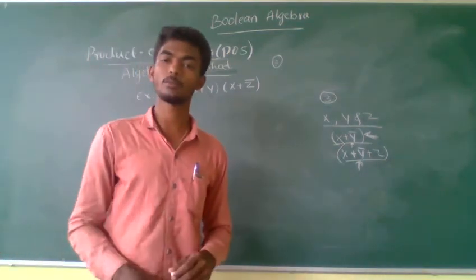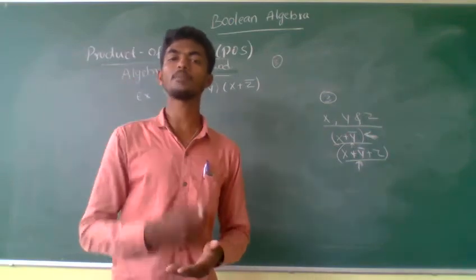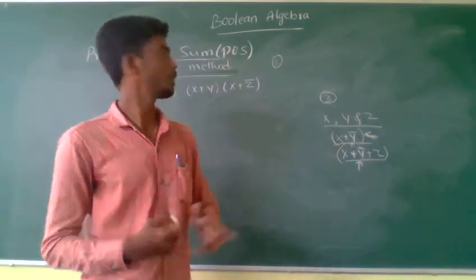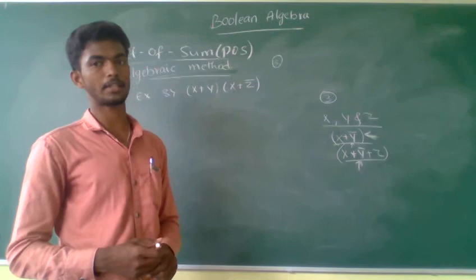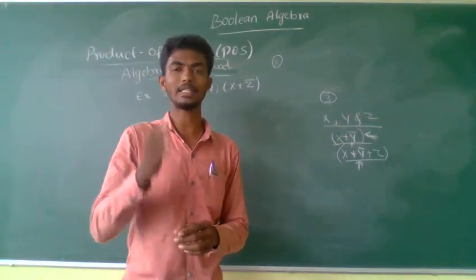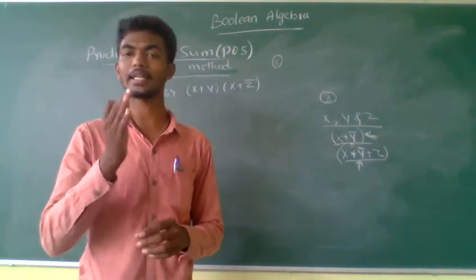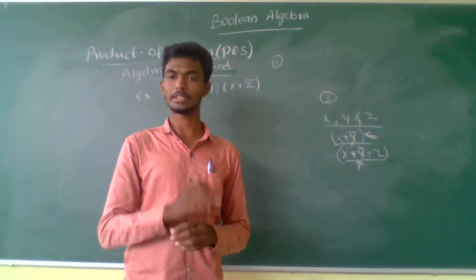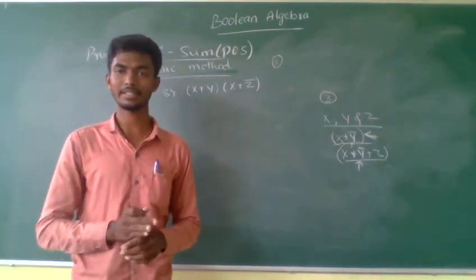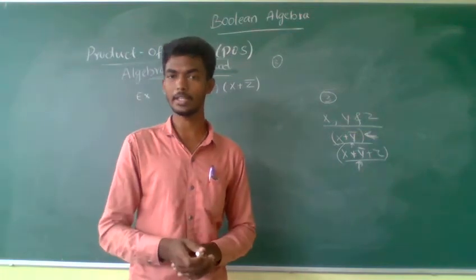First, observe the number of literals available in the system. Then go for sum terms: how many sum terms are there? Here two sum terms are there, and in each sum term, find the missing literal. Then apply the Boolean postulates.